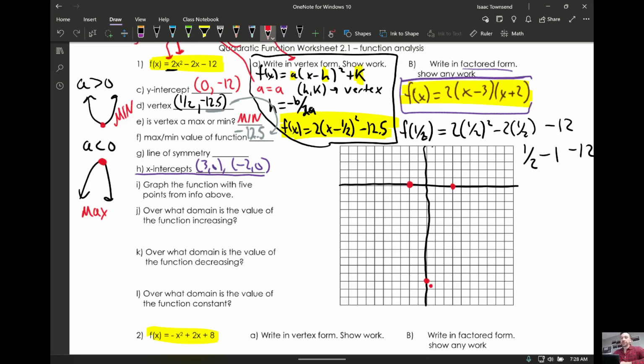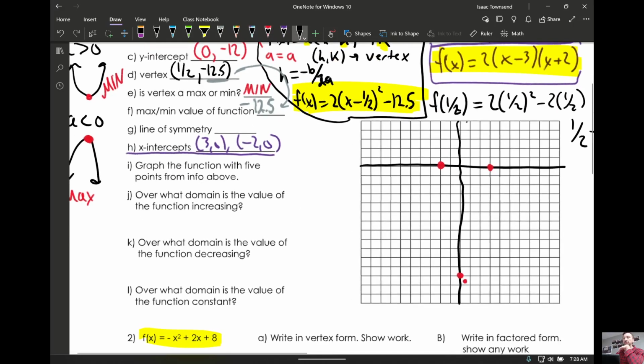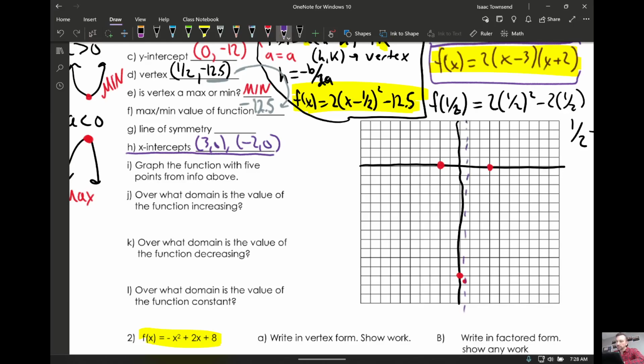Okay, so for part G, line of symmetry, this is also called axis of symmetry, maybe what your Algebra 2 teacher had called it. So a parabola has this perfect line of symmetry. There's a line that's going to cut your parabola in exactly equal pieces.